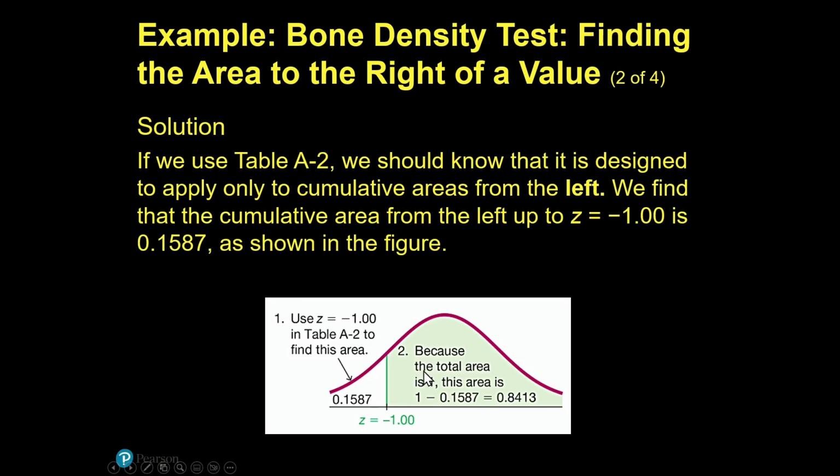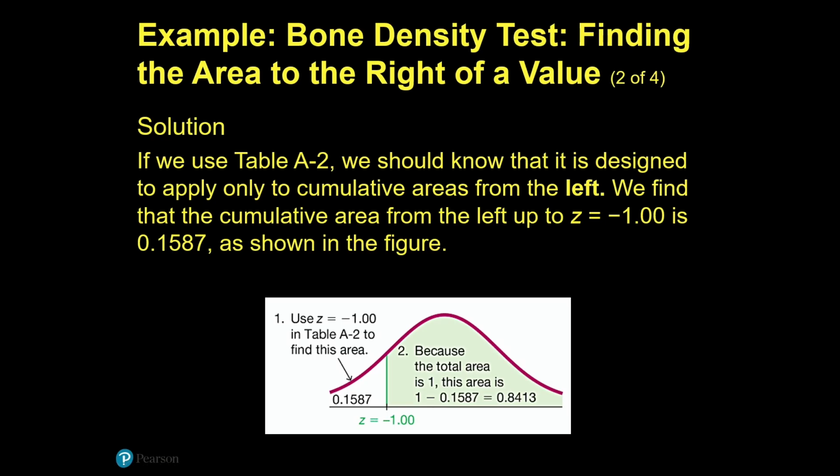So we have to do 1 minus 0.1587, which we looked up in table A2. Because greater than goes to the right, to find the area to the right we do 1 minus 0.1587, which gives us an area to the right of 0.8413.